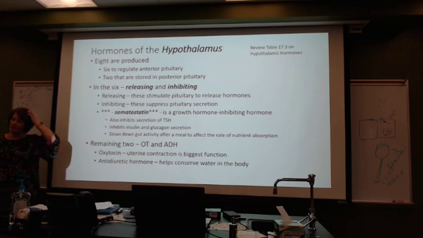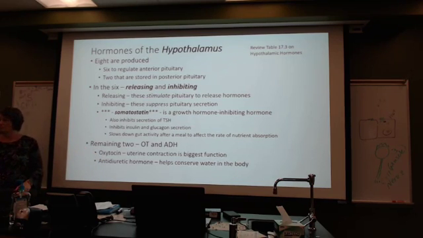Anybody familiar with oxytocin? What does it do other than the uterine contractions at the time of birth being its biggest function? Believe it or not, it plays a whole lot more roles.